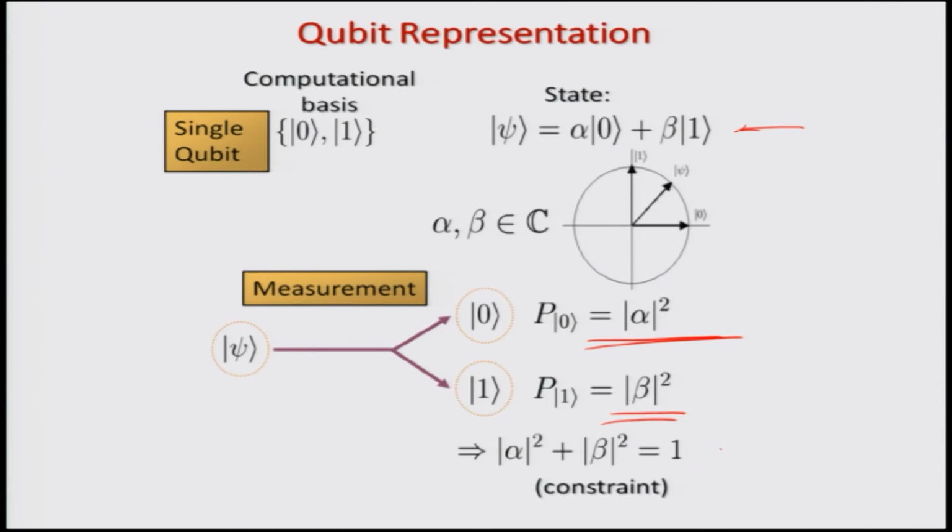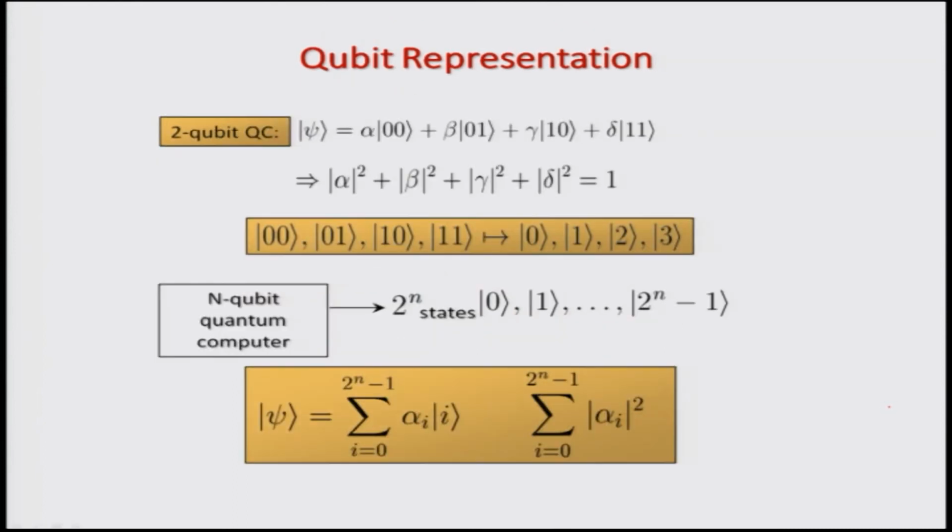And the constraint which we have for all these cases is that the mod square of the probabilities in both the cases has to add up to 1, because we are looking at a probability, and the probability of finding the result is always going to be there, and so it is going to add up to 1 all the time.